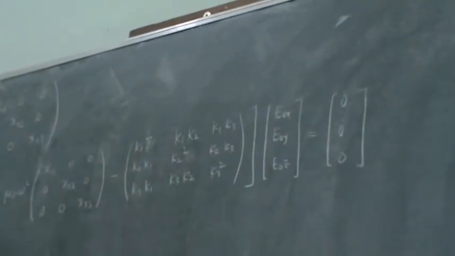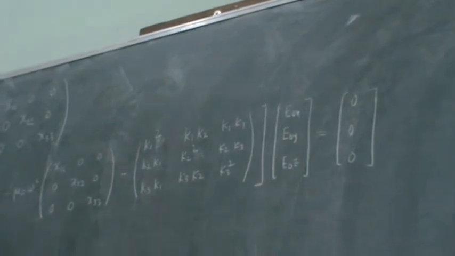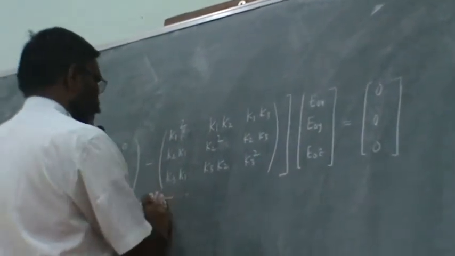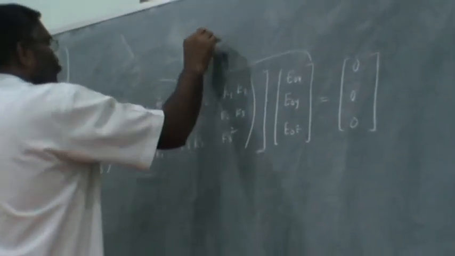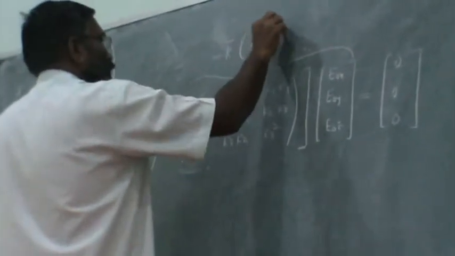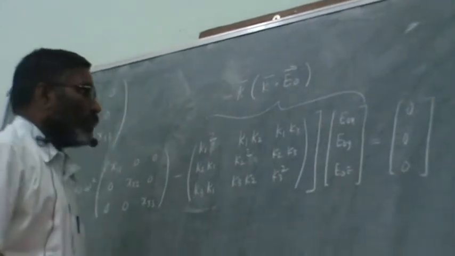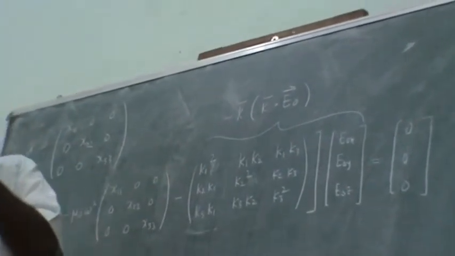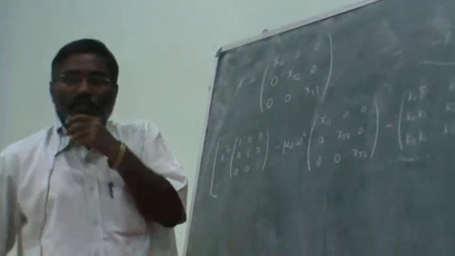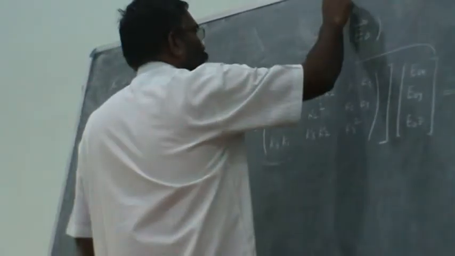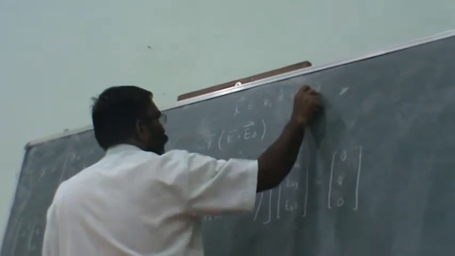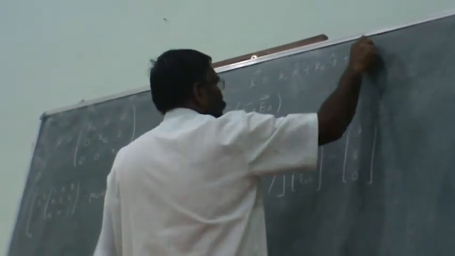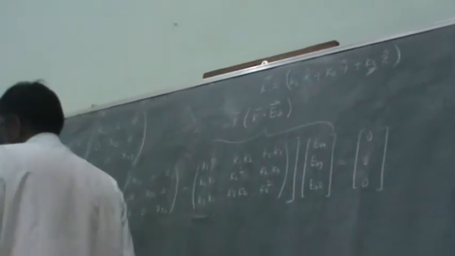This is the equation. You may verify that this is actually equal to this, for an arbitrary k. Earlier I chose that k is along the z direction, but now I am saying k is k1 times x cap plus k2 times y cap plus k3 times z cap. So if I take that kind of an equation, then I will have a matrix of this.